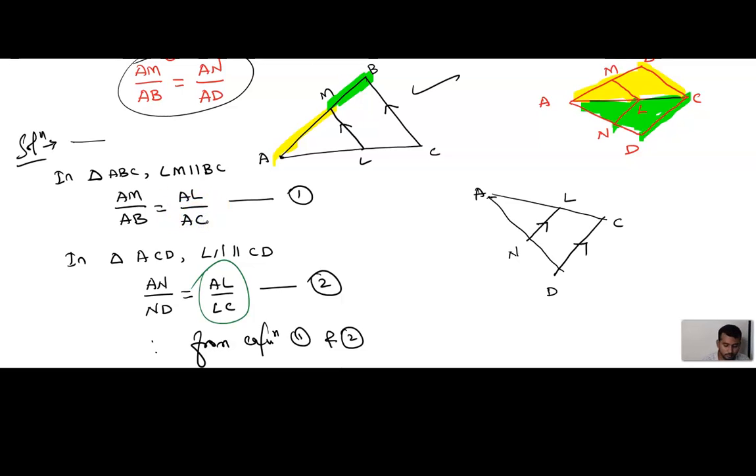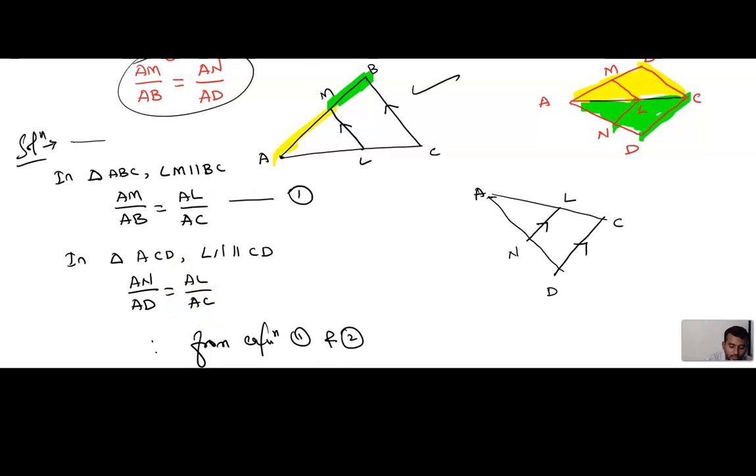Correct? Similarly, shall we apply the same thing here in equation 2? If in equation 1 you apply first half by full, then in equation 2 also you should apply the same thing. AN by full AD is equal to AL by AC.